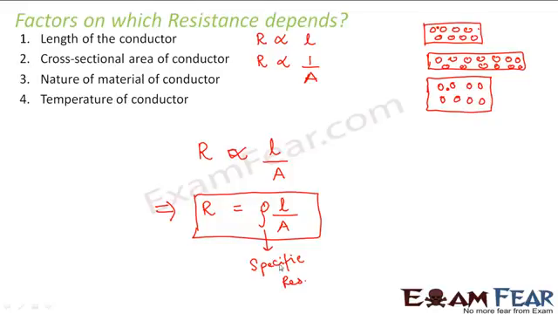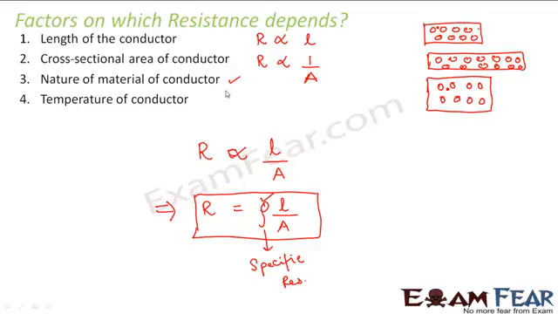This specific resistance is specific to a material. That means the value of rho depends on the material of the conductor, right? So the value of resistivity is specific to every conductor. If we are talking about a metal, the value of resistivity will be very low. If we are talking about an insulator, the value of resistivity will be very high.